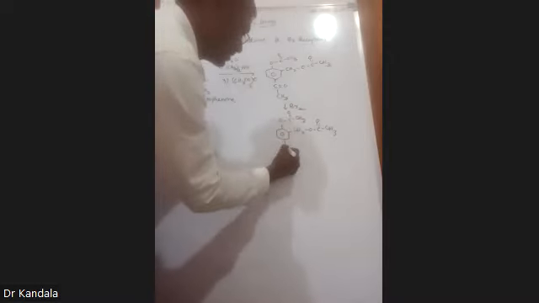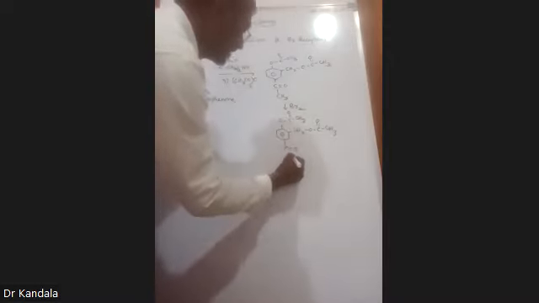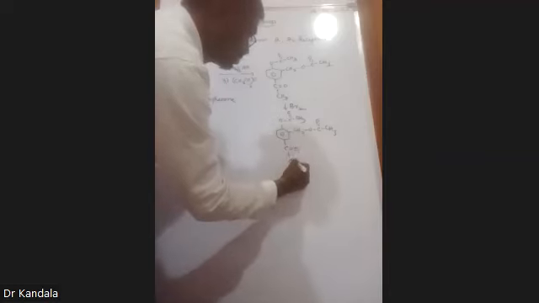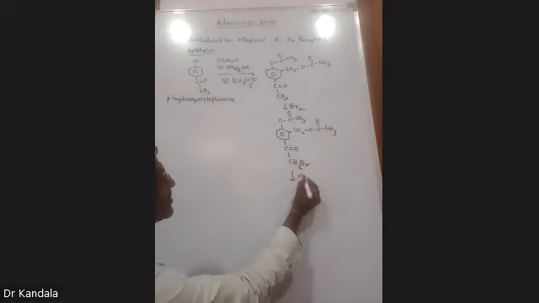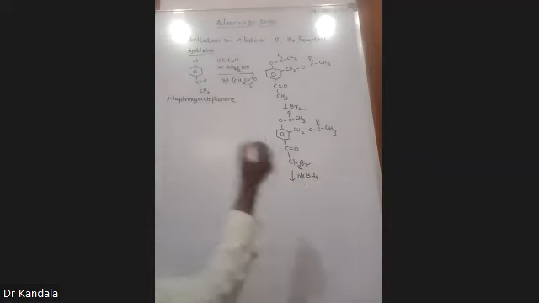Here C double bond O is there, and CH2, where one of the hydrogens is replaced by bromine. This intermediate is formed.